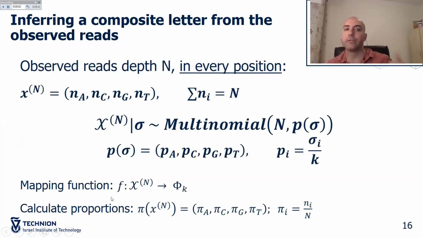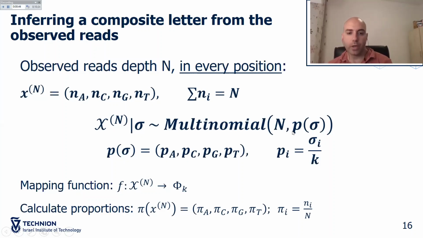So if we want to infer a composite letter from the observed reads, in every position that we sequenced, let's say at sequencing depth n, we'll get a count vector that this time sums up to n, and this count vector would be a random variable with a multinomial distribution, with n as the first parameter, and the probability vector would be defined from the original composite letter that we wanted to write.